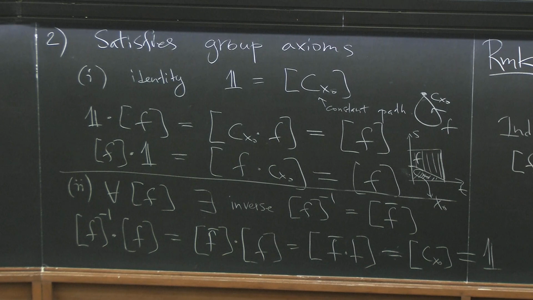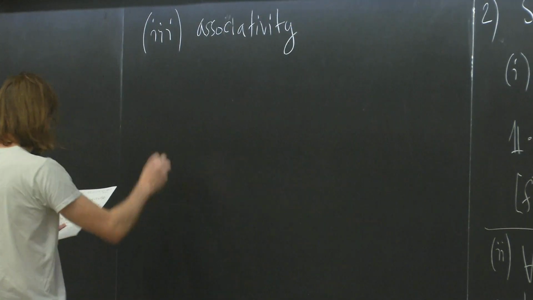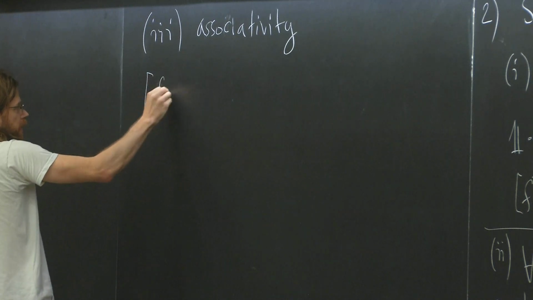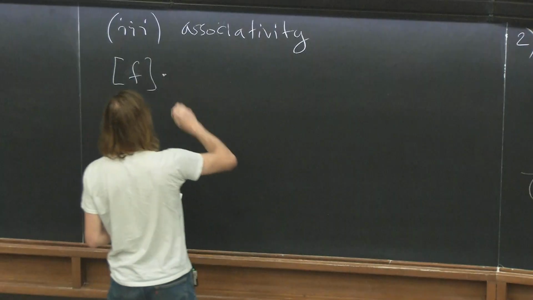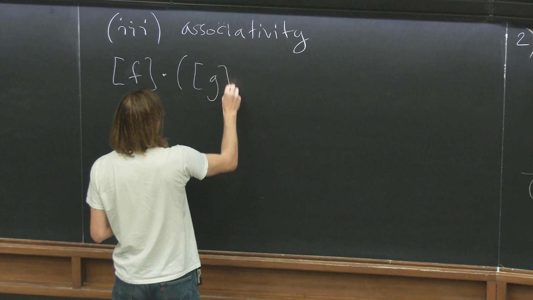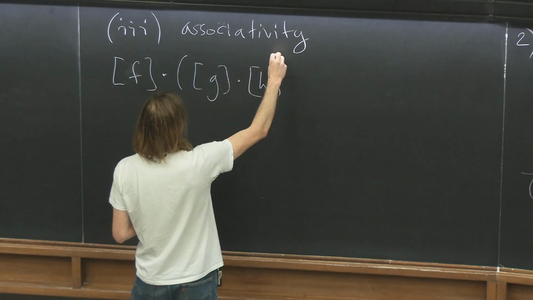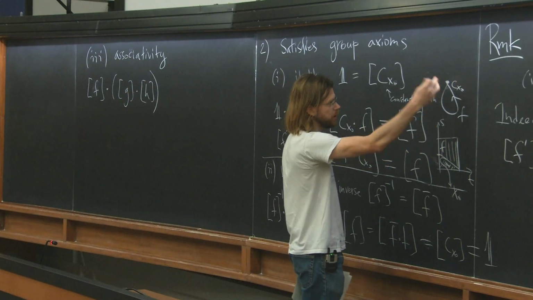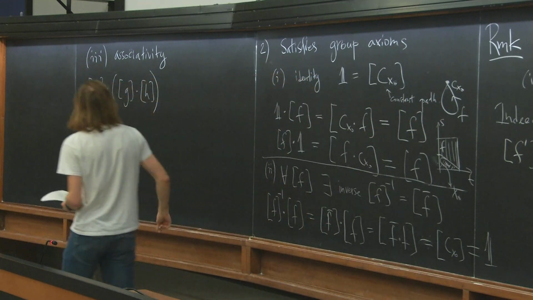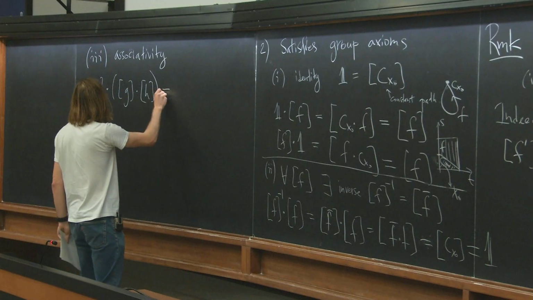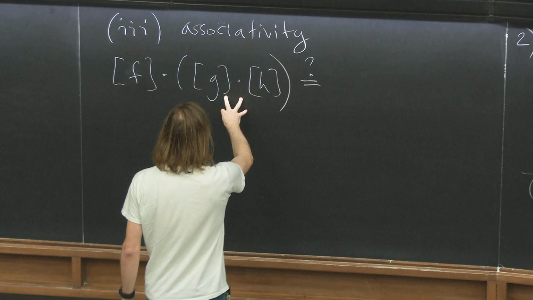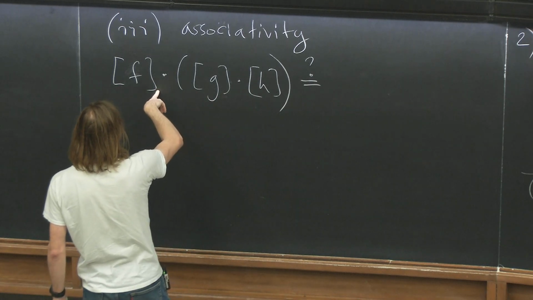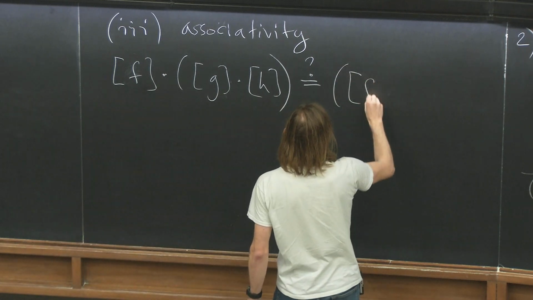And finally, we need to show associativity. We need to show that if we have a triple of group elements, which are represented by a triple of paths, the paths which start and end at the same point are called loops, so a triple of loops, then if we take the product of the classes of g and h, and then multiply by the class of f, this is the same as taking the product in a different order.